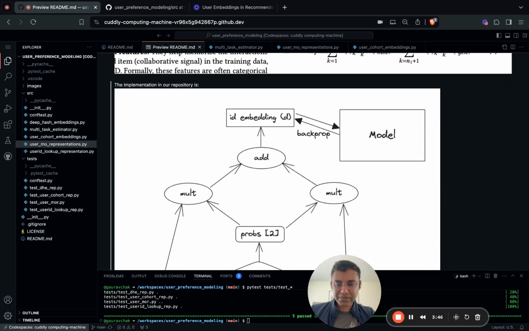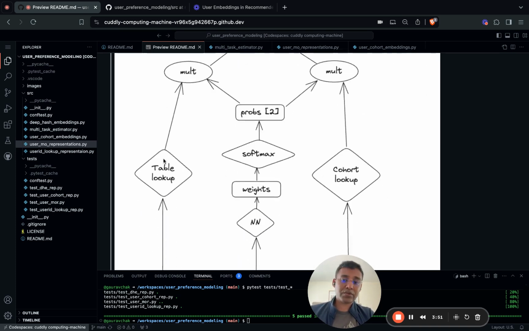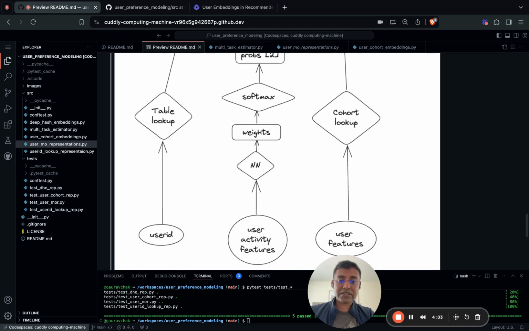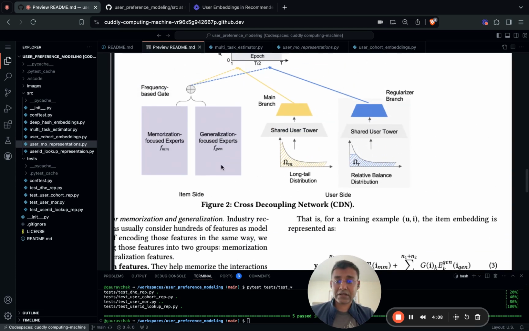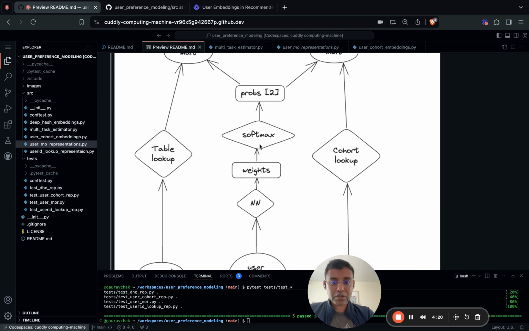Our implementation is a little bit different. It's inspired by that, but a little bit different. So if you recall, we have two methods. One is the table lookup and the other is the cohort lookup. The table lookup uses the user ID and the cohort lookup uses the user features. And what we are going to do is, based on some activity features, here they call it the frequency, but I think you can experiment with what works, based on a few features, we find two weights.